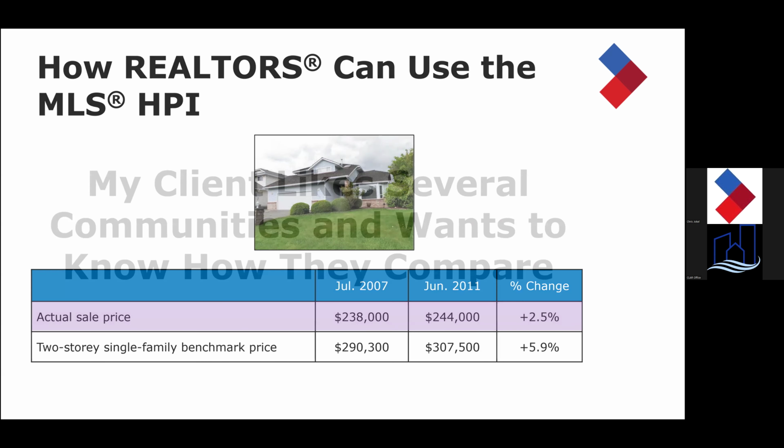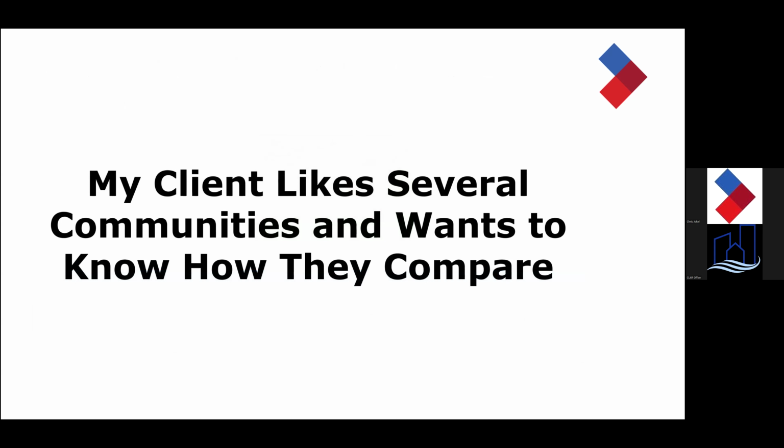So just before we wrap up and enter the Q&A period, it can be useful sometimes to focus not necessarily on the price data, but on those benchmark characteristics that I showed you in the lookup table. So for example, let's say you have a client who really wants to live in a 2-story home, but they want to shop around and see what they can get in different neighborhoods. So they might come to you and ask, what am I going to get for your typical 2-story home in the neighborhoods in this area?